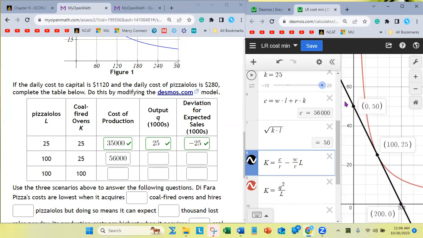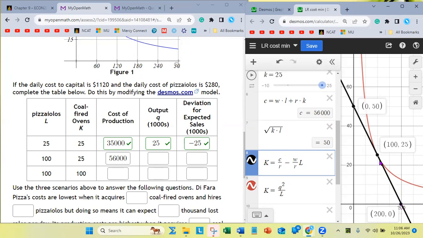These 3 points, or any point in between, cost the same for each bundle of capital and labor. Here we got 0 units of labor and 50 coal-fired ovens. Here we got 25 coal-fired ovens and 100 laborers. And here we got 200 laborers and no coal-fired ovens, right?